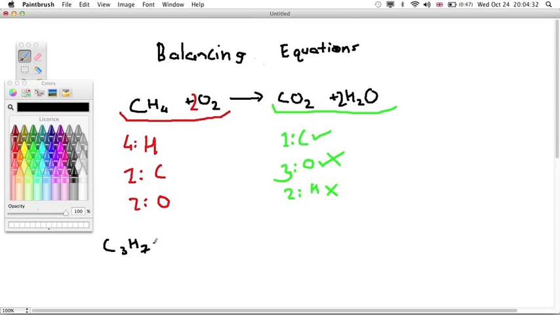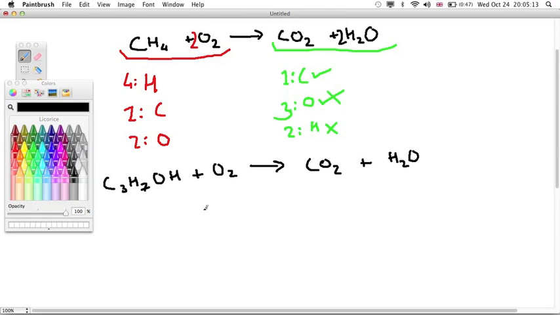C3H7 plus O2 becomes CO2 plus H2O. Well, you see this is quite complicated because there are many numbers here. There's 3 here, there's 7 here, practically there are many numbers.